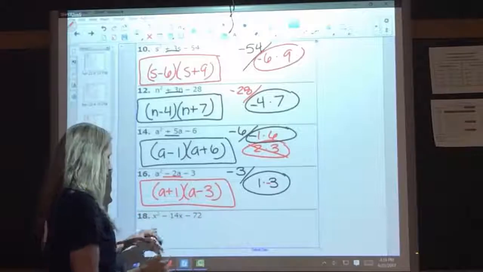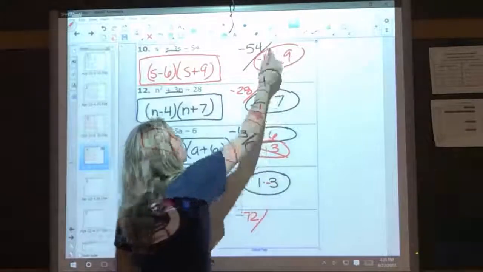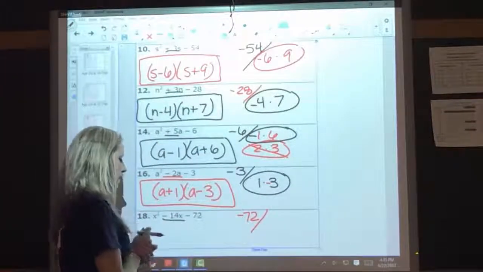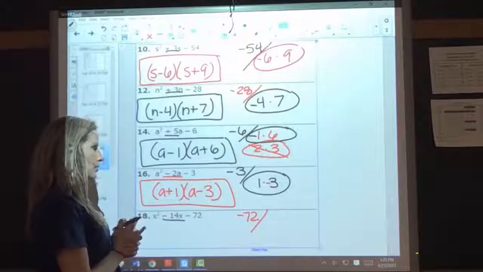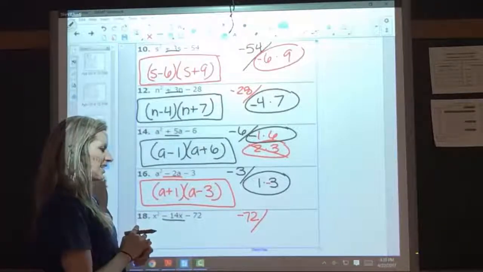And the last one on the right side, number 18, factors of negative 72. We need 2 that'll add or subtract to give you negative 14. Trying to think what that would be.